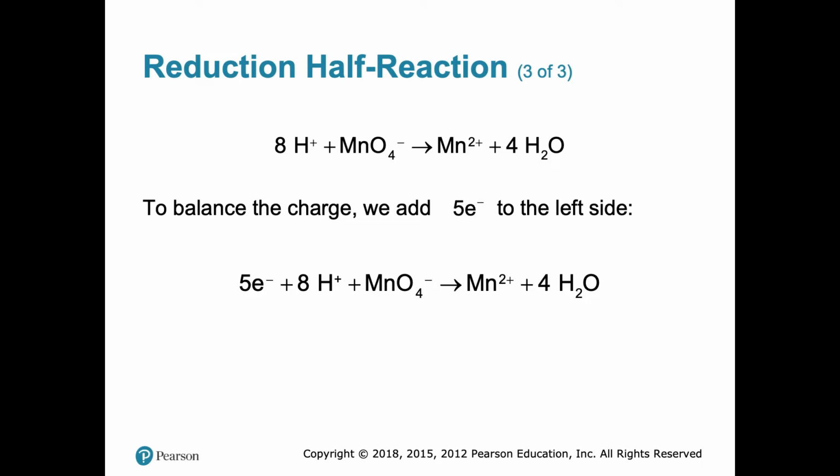Make sense? So now our equation looks like 5 electrons plus 8 protons plus permanganate minus 1 makes manganese 2 plus 4 waters. So notice that since this is the reduction one, the electrons are being added to the left side. But on the oxidation half reaction, the electrons were added to the right side.